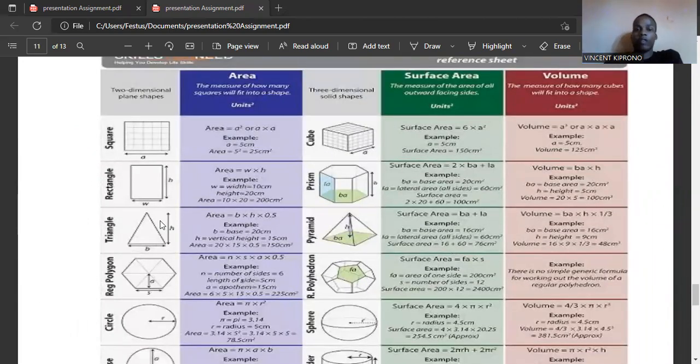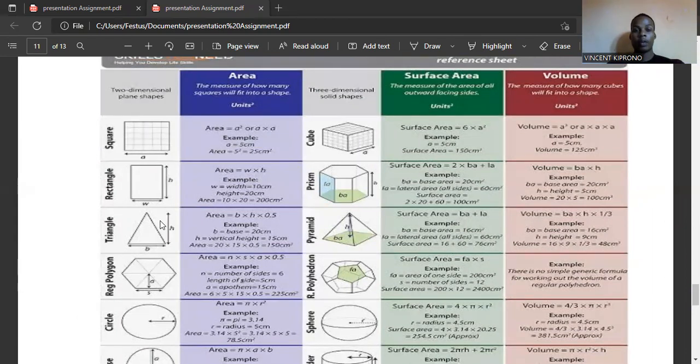We have also an area of a square. From that diagram, we are given that area of a square, we say side times side, that's side squared. Then you have also an area of a triangle, and its formula is half base times height.